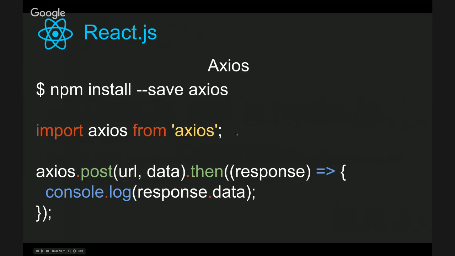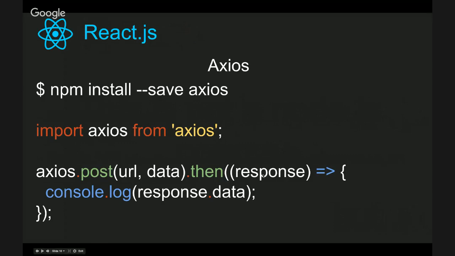Well, you have to install it as a dependency, and then whenever you have to do a request, you do import axios from axios, and then you call post or get, depending on the method, and the URL and the data that you want to send. This is going to return a promise, an ECMAScript 6 promise, so you can subscribe callback functions with then and catch, etc.